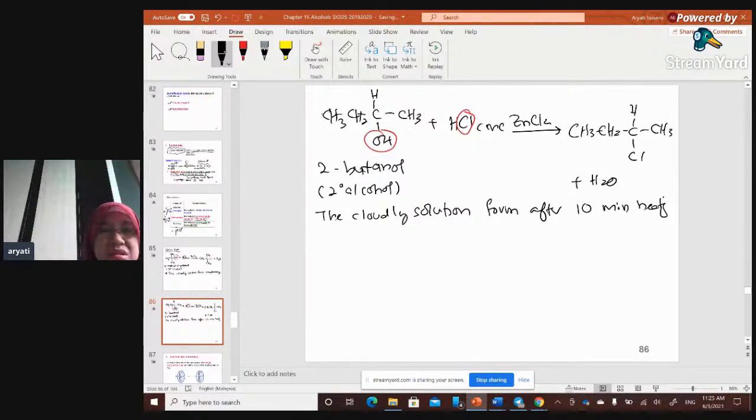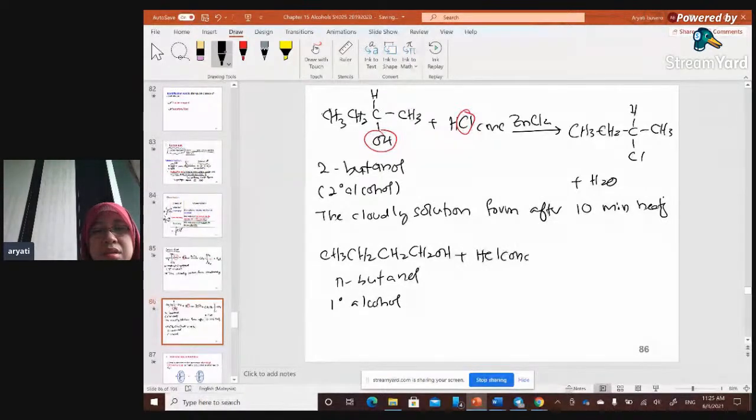Then you use CH3, CH2, CH2, CH2OH, which is n-butanol, or 1-butanol. So this one is a primary alcohol, reacted with concentrated HCl, heat, ZnCl2.